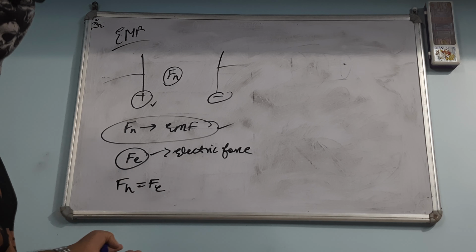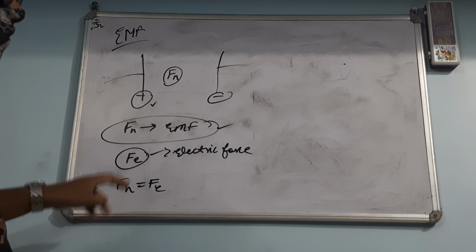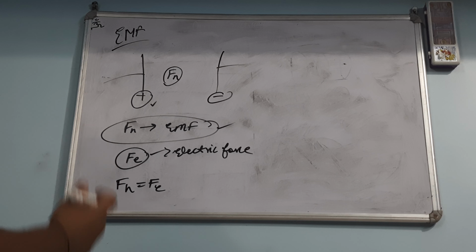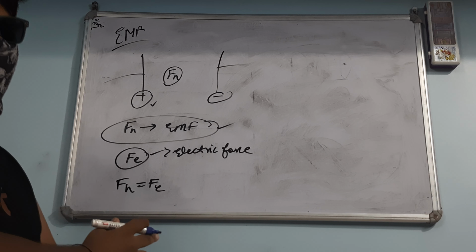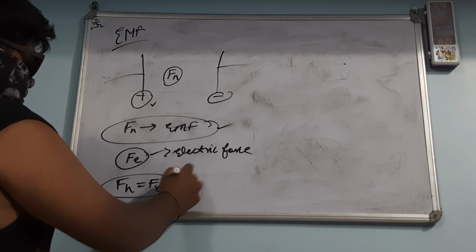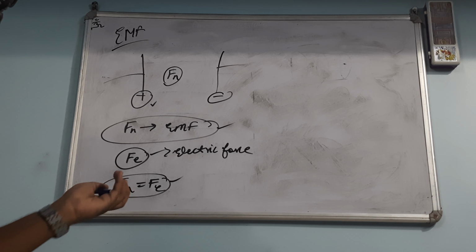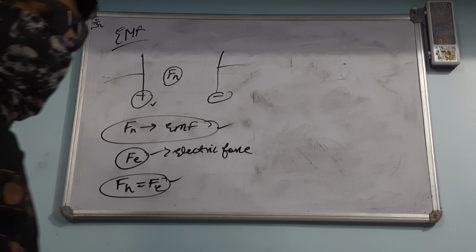Because if this were not so, there would be a net force and the charge would move. But we have seen that the position is now static and the charges are stopped. So Fn is equal to Fe in the electrostatic position. So this is electromotive force.